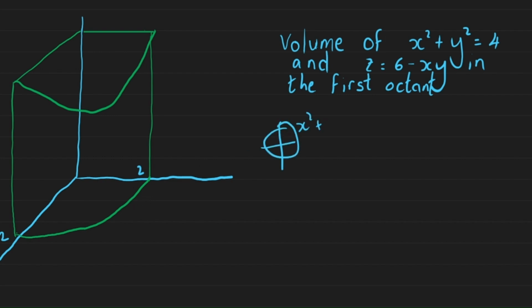This is x squared plus y squared is equal to 4, and we know that it intersects everywhere at 2. So we have the shape of our cylinder. Now the other thing we need to take into consideration is the other plane that it's bound by, z is equal to 6 minus xy. That would be this plane on the top. We can see that it's not distinctly a cylinder, but it has a somewhat parabolic looking shape like that. So this is 6 minus xy.